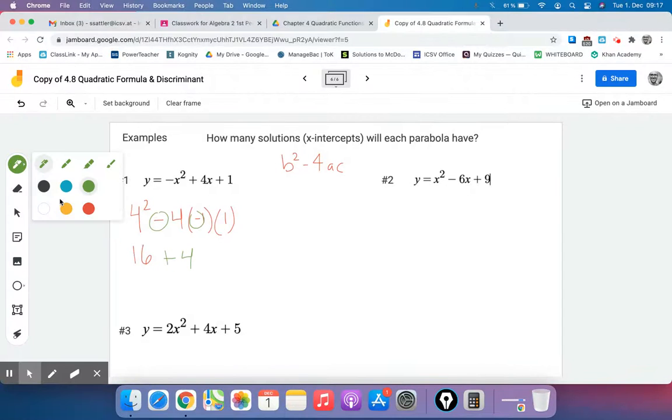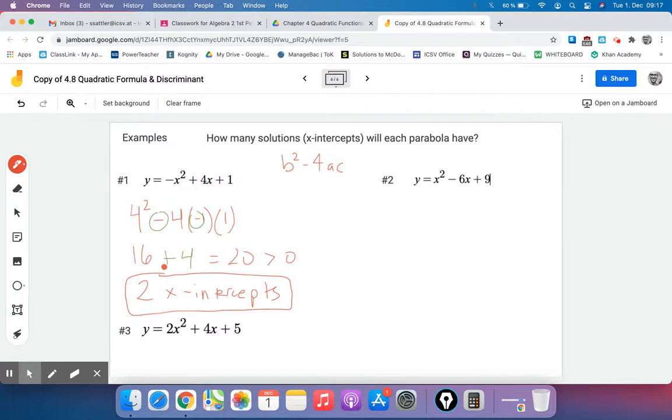So this case is positive. Okay. 20 is greater than 0. It's positive, so there's going to be 2 x-intercepts. I'm not asking you to find them in this particular problem, but I just want to know how many are there. So there's 2 in this case.